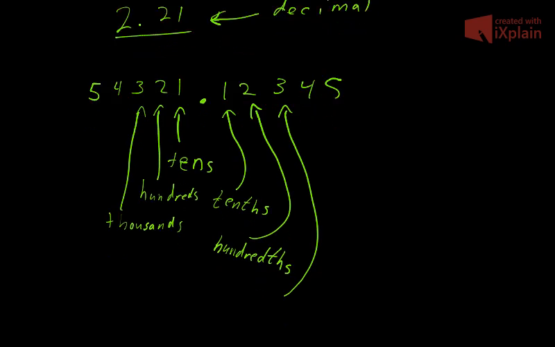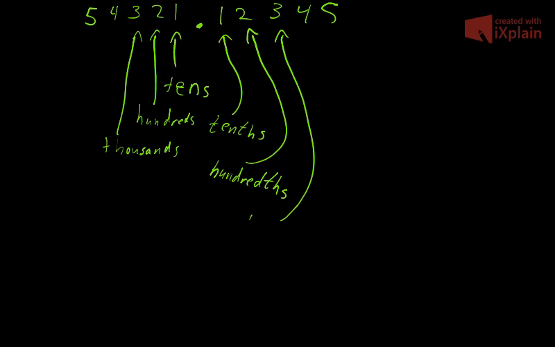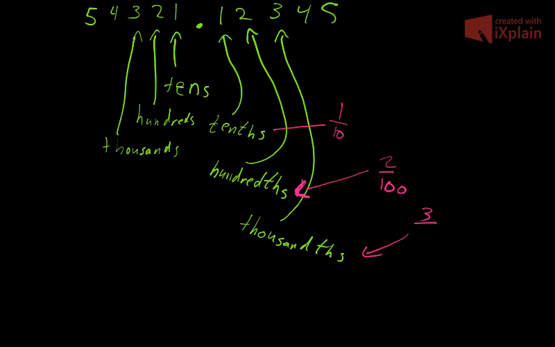And my 3 here is in the thousandths. So all you really have to do is just imagine it being flipped. And of course, what tenths means is tenths is 1 over 10. Hundredths here would be over 100, so my 2 there would be 2 over 100. And my thousandths here, my 3 would be over 1,000.